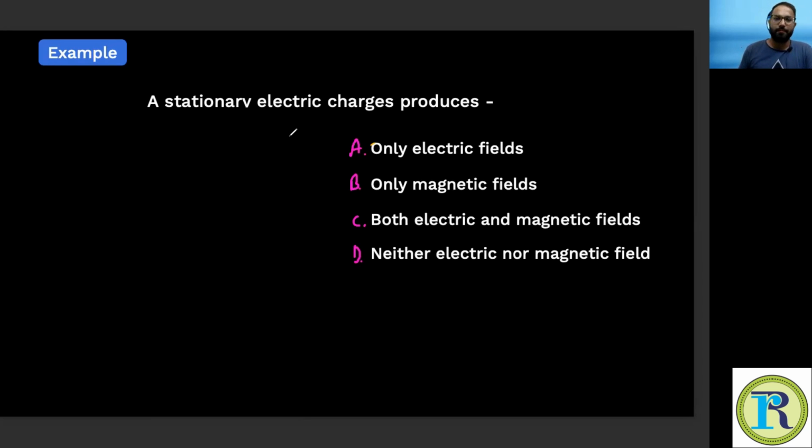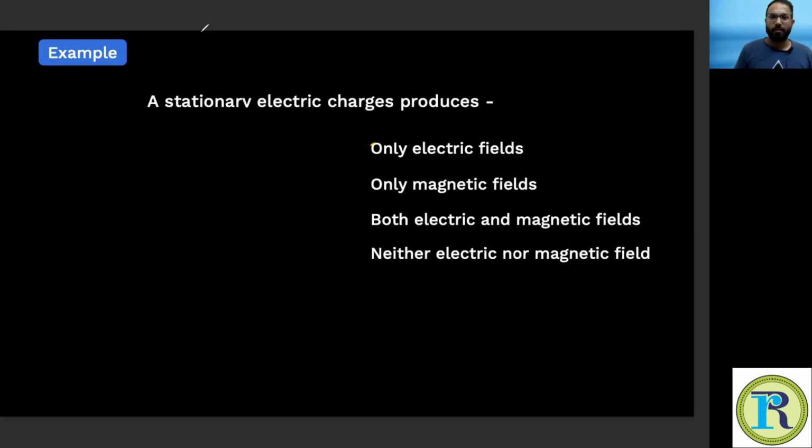Now, the first property of electric charge is that when a charge is at rest, it will produce an electric field only. The answer is A. That was the first property of electric charge.